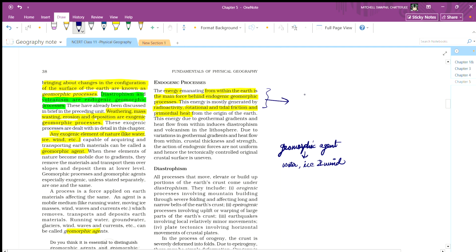Energy generated inside of Earth. First one is radioactivity. Second one is rotational.